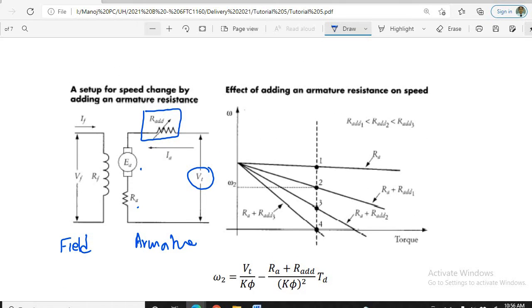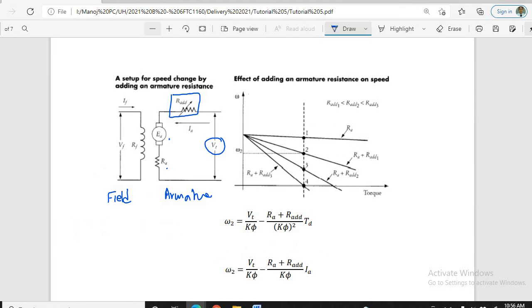From this, if we draw the torque speed characteristics, we have studied these things in the lab class as well. This is the torque, and this is the speed omega. So what is this value?